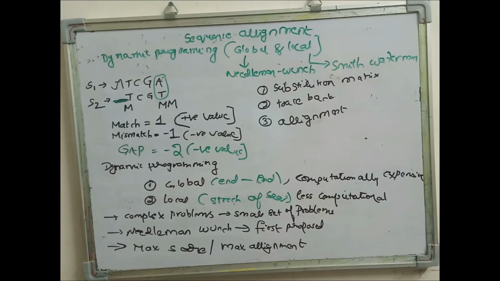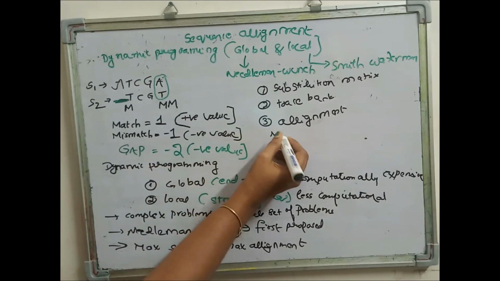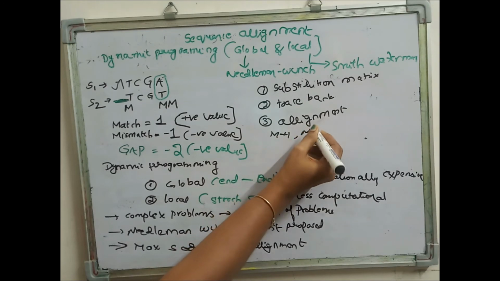Next, let us see the dynamic programming steps. The first step is substitution matrix and initialization. In the substitution matrix there will be an m plus 1 by n plus 1 matrix.